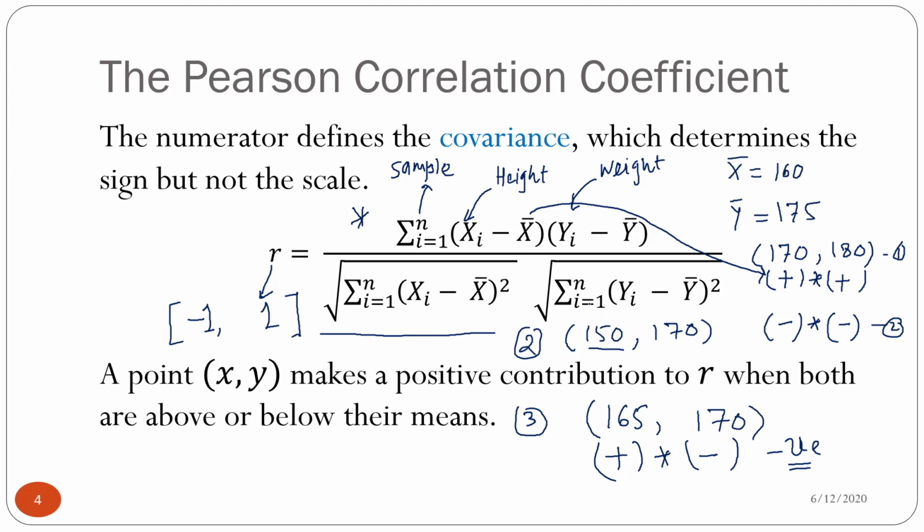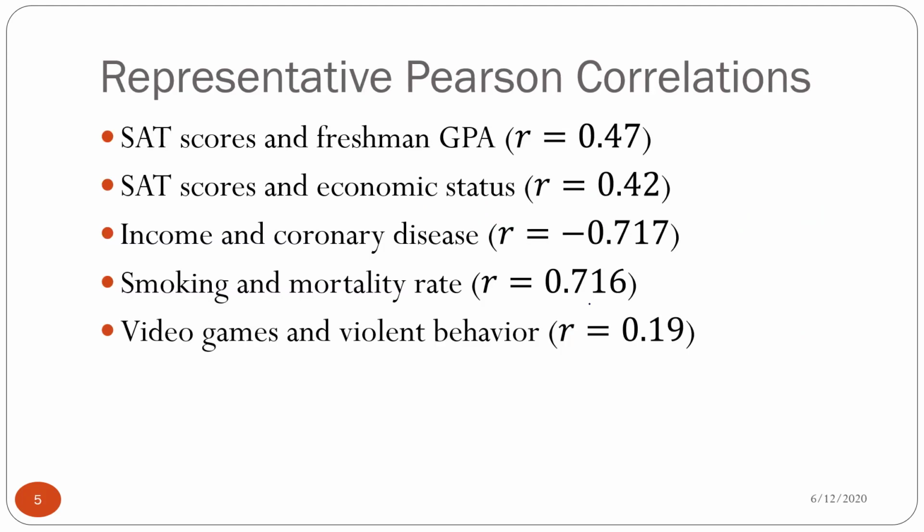All right, I hope that this is making sense. Let's move on. Now we will look at some examples and try to reason why we have this value. It seems there were some experiments done, and we have the value for the student's SAT score and the GPA of the student, where the student is a freshman. It was found that the Pearson's correlation coefficient for this data was 0.47, which I believe is a reasonable correlation.